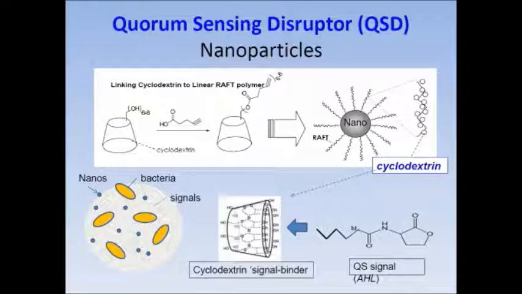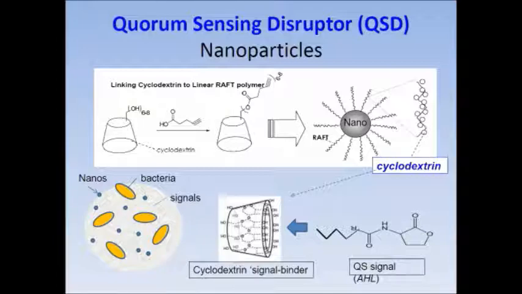But what we hope to do is create nanoparticles loaded with cyclodextrins, which could bind the signal molecules. And so if they could be implanted or migrate into a biofilm, they could begin binding the signals. And we're looking at the binding strength of the AHLs on these cyclodextrins, which are on the nanoparticles, using NMR at present.